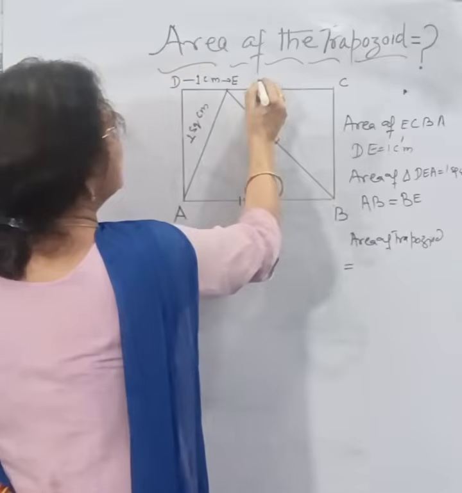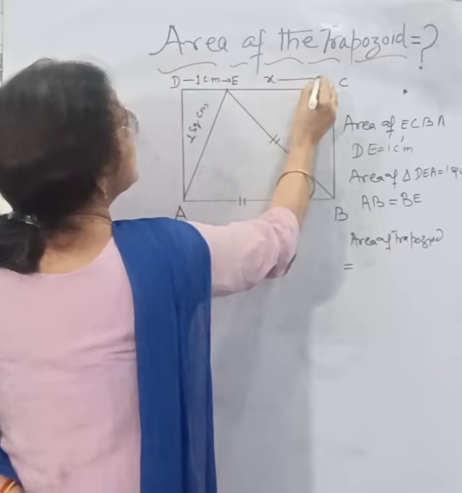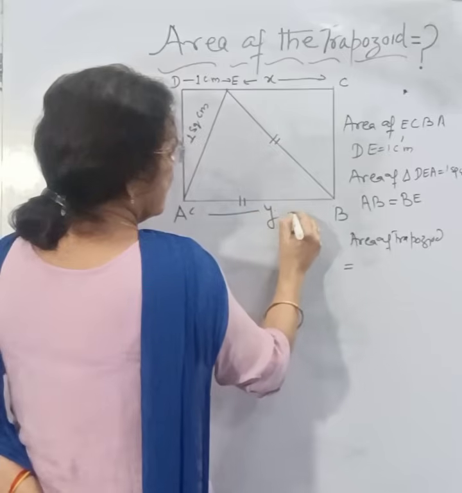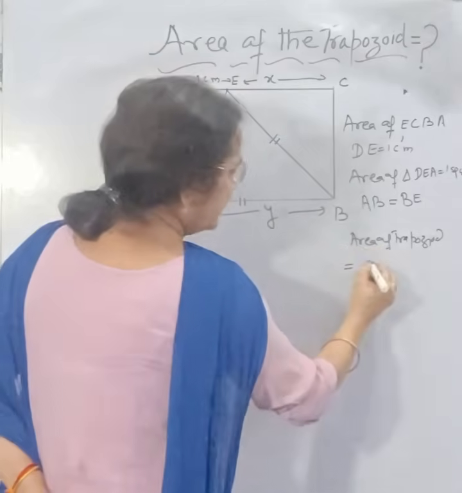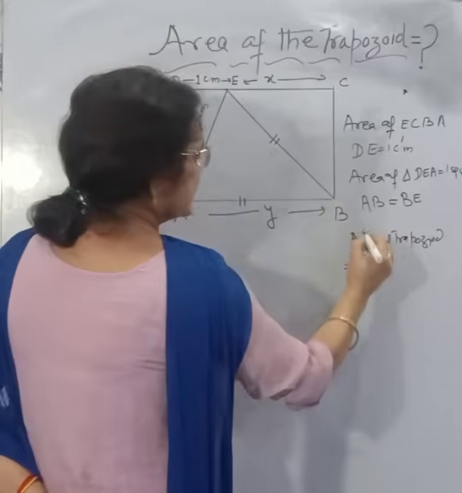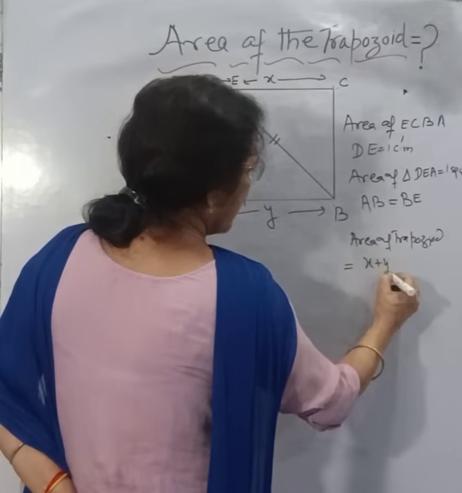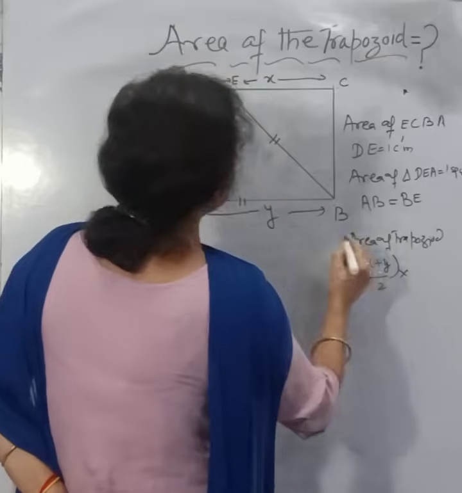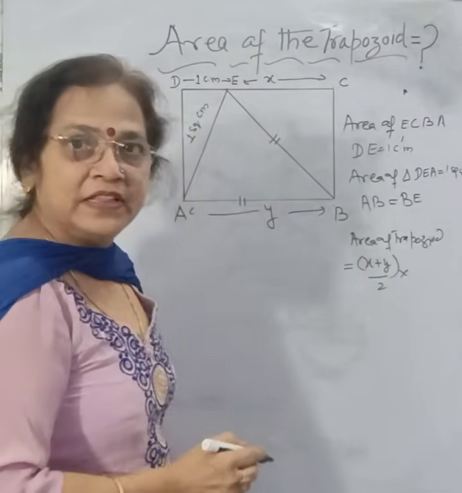Let us suppose EC, this side, is equal to x, and this parallel side is equal to y. So the area will be the addition of the parallel sides, x plus y, by 2 into the perpendicular distance between these two.